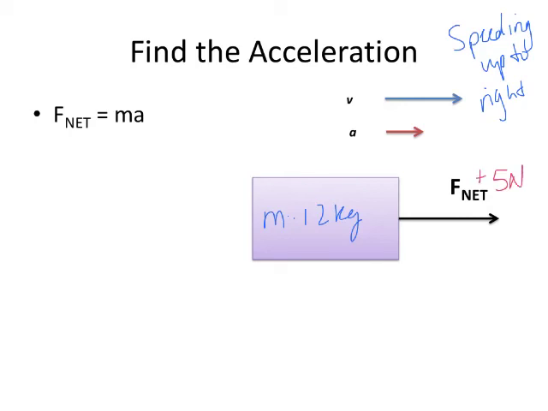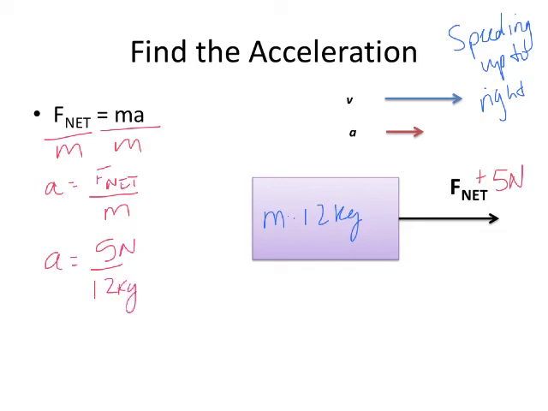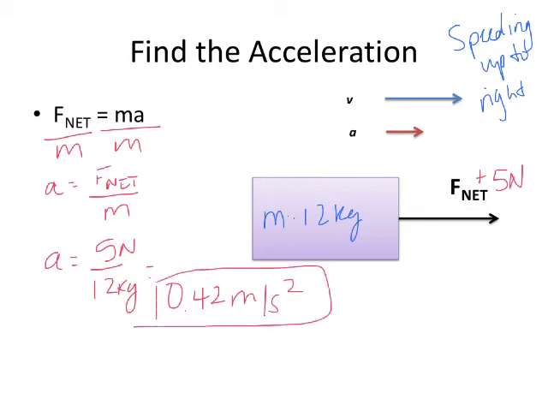We want to find acceleration, so we take our equation, F net equals ma, divide by m, so that a is equal to your net force over your mass, which would be 5 newtons divided by 12 kilograms, or 0.42 meters per second squared. Okay?